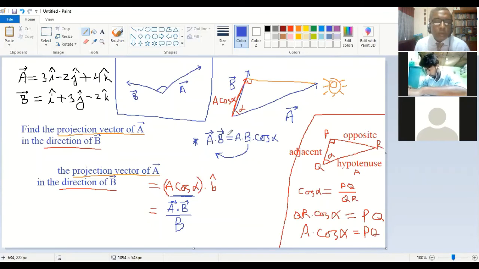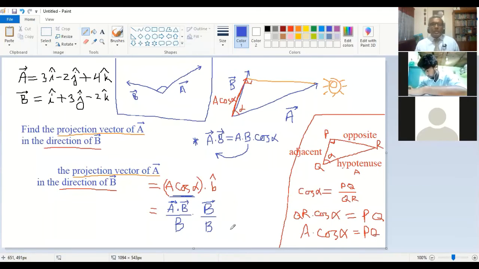So A dot B divided by B is the A cos alpha. And then you put the B unit vector. What will be the B unit vector? That will be the B vector divided by the value of B vector.